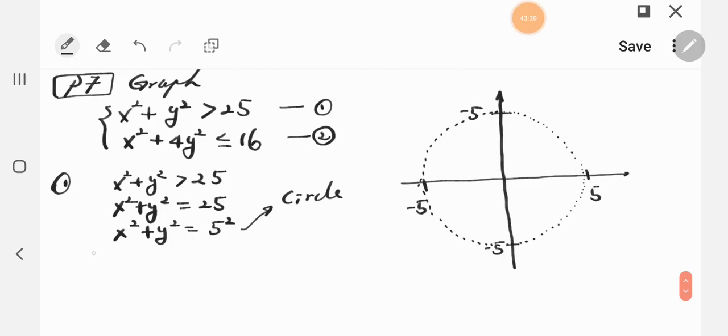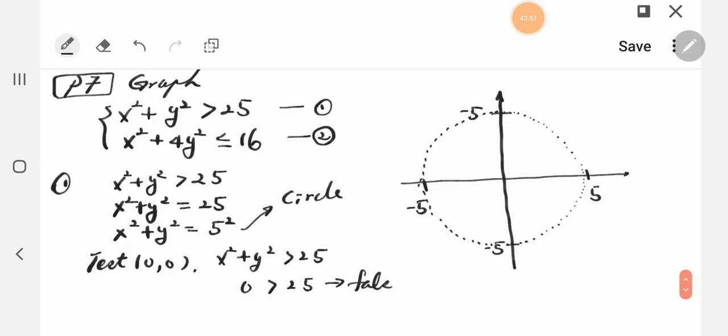Let's test the point so that we can find out the area. Test 0, 0. Then x squared plus y squared is greater than 25. When you plug in 0, this is false. So 0, 0 is not a solution, so the solution will be outside the circle.